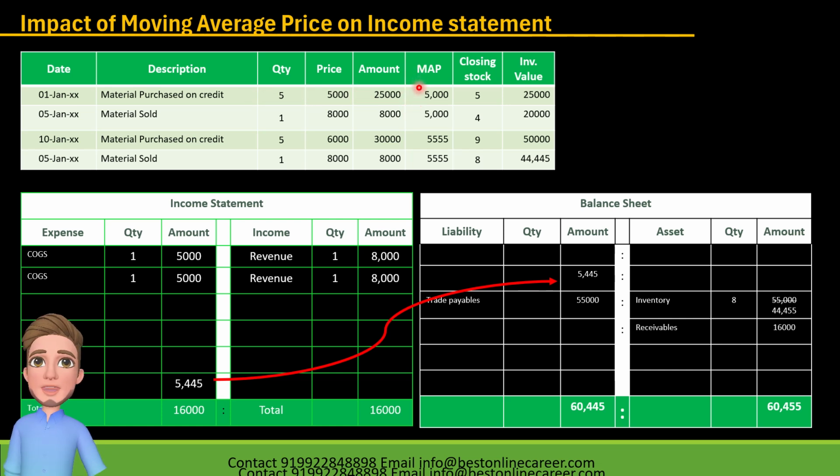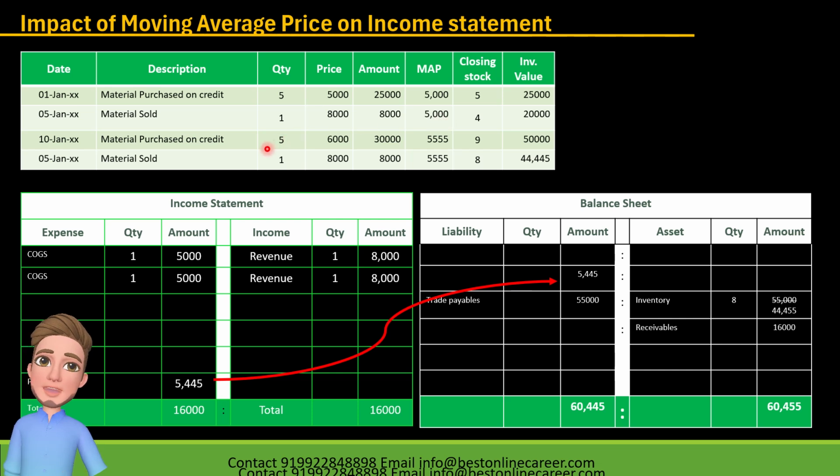So my moving average price is the total amount, that is 25,000 inventory value, divided by the stock. Subsequently, I sold 1 unit from this at 8,000, but from an inventory perspective, the 5,000 is reduced. My stock value is 20,000. 20,000 divided by 4 gives me 5,000, right?